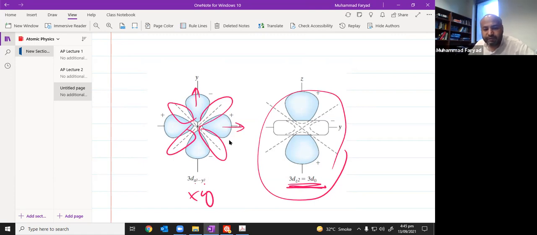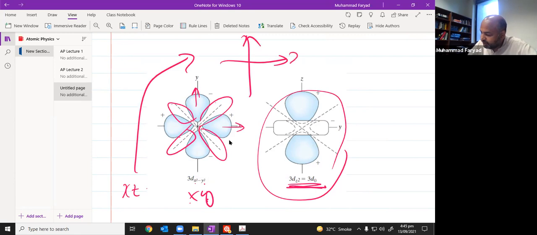So that's why this designation also helps: when it is xy, it means that the lobes are inside the xy plane. When the label is xz, that means that if you plot it in the xz plane, the lobes of high density, high probability contours are inside the xz plane.